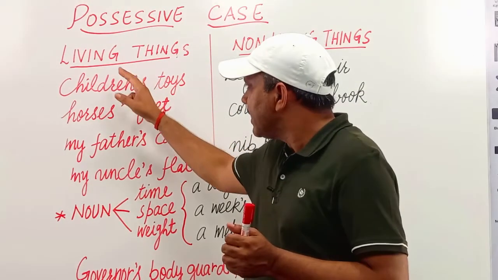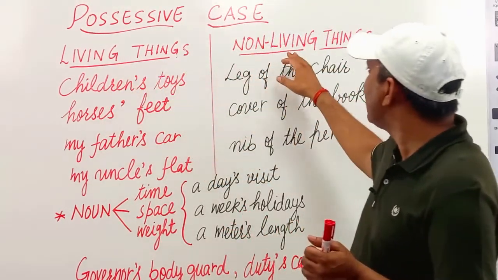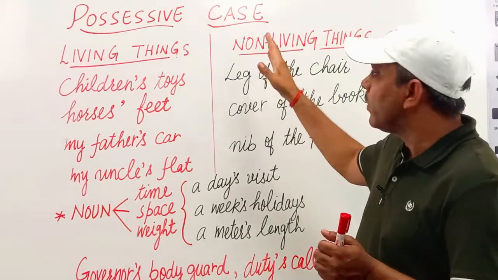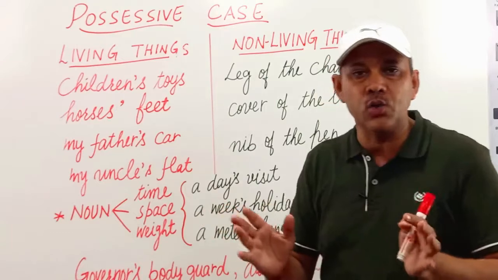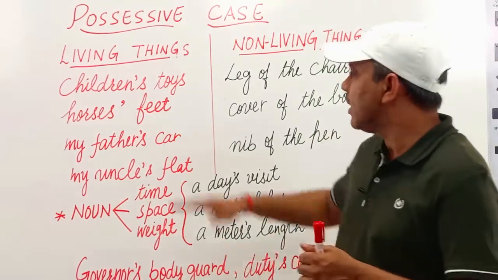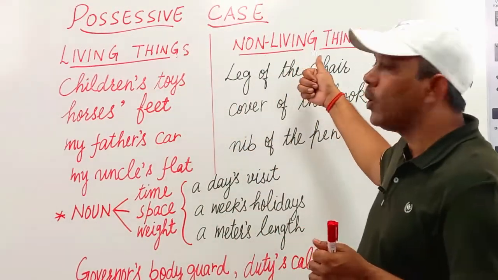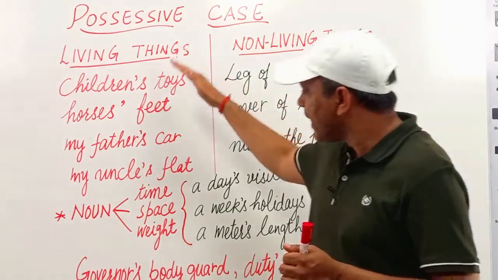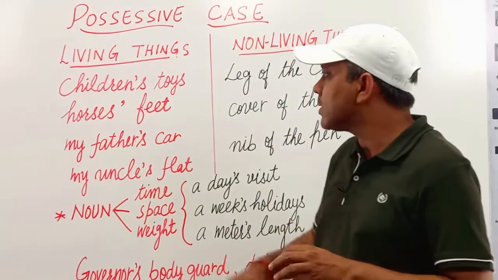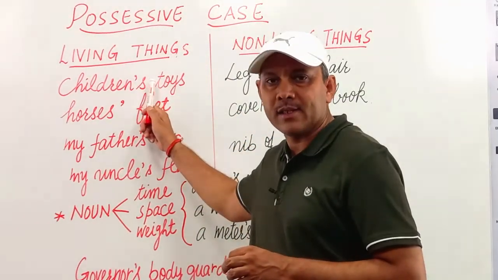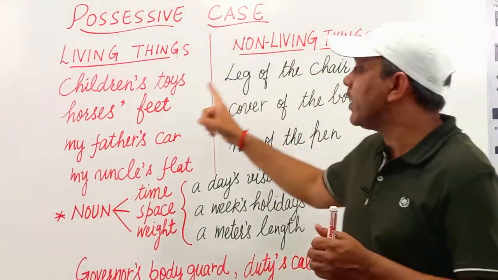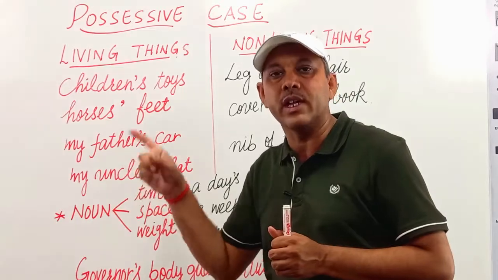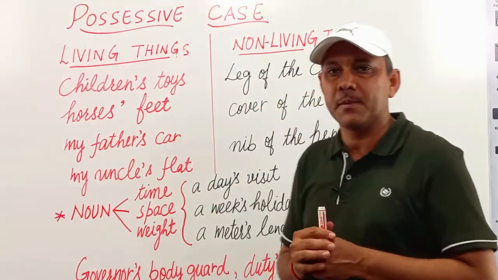We can say living things and non-living things. We can divide the use of possessive cases of nouns into two parts, for living things and for non-living things. In case of living things, we use apostrophe s. But in case of non-living things, we can't use apostrophe s to show possession.